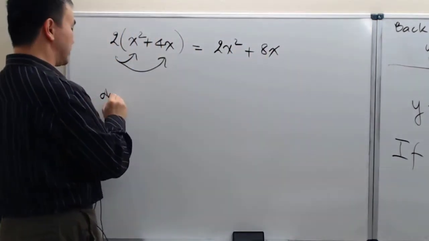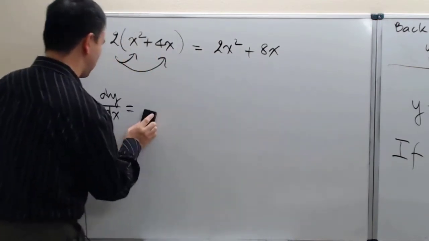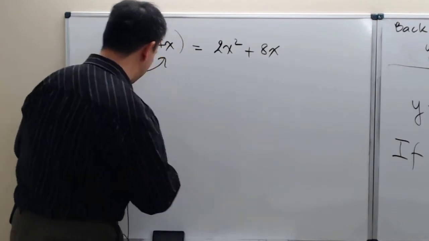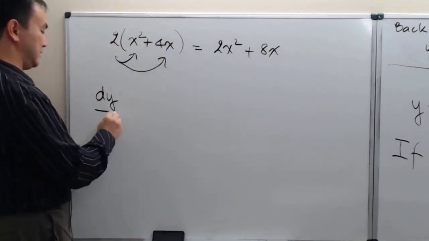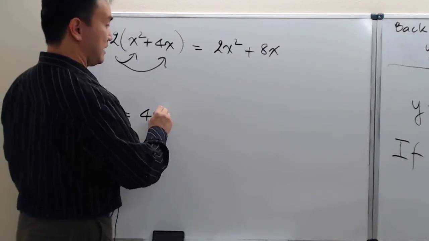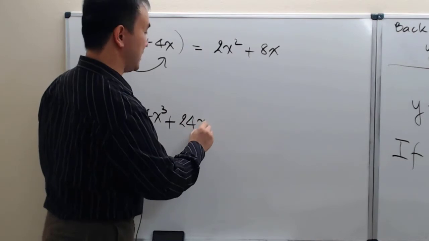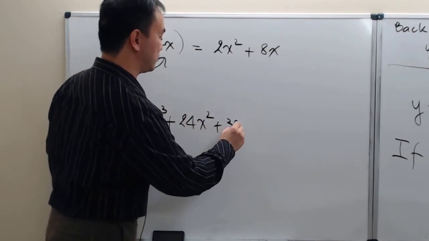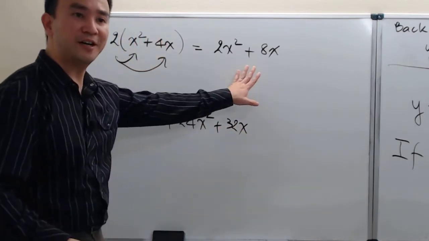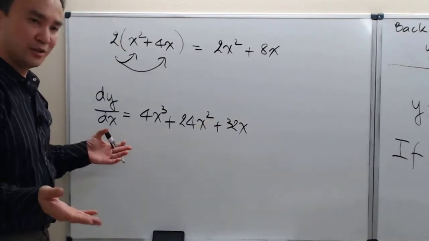But the actual answer we already found is dy/dx equals 4x cubed plus 24x squared plus 32x. We're still quite far away from the actual answer. So what is going on here?